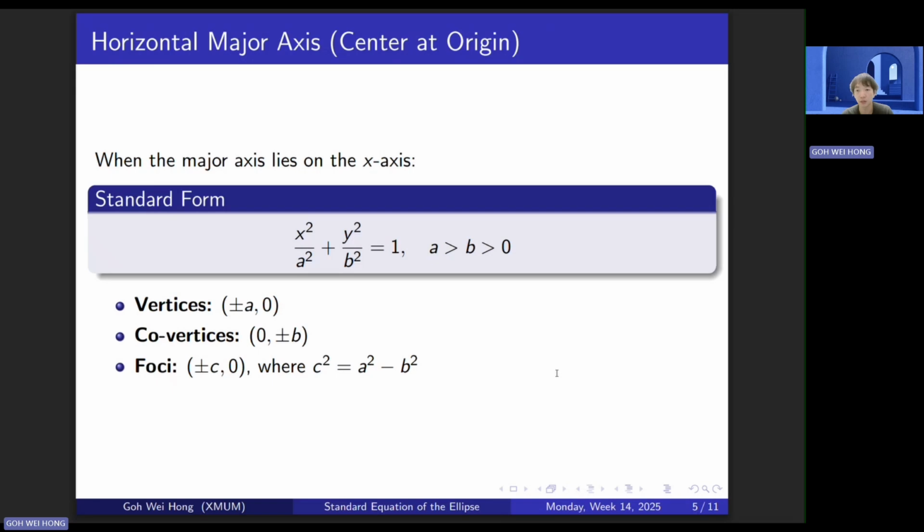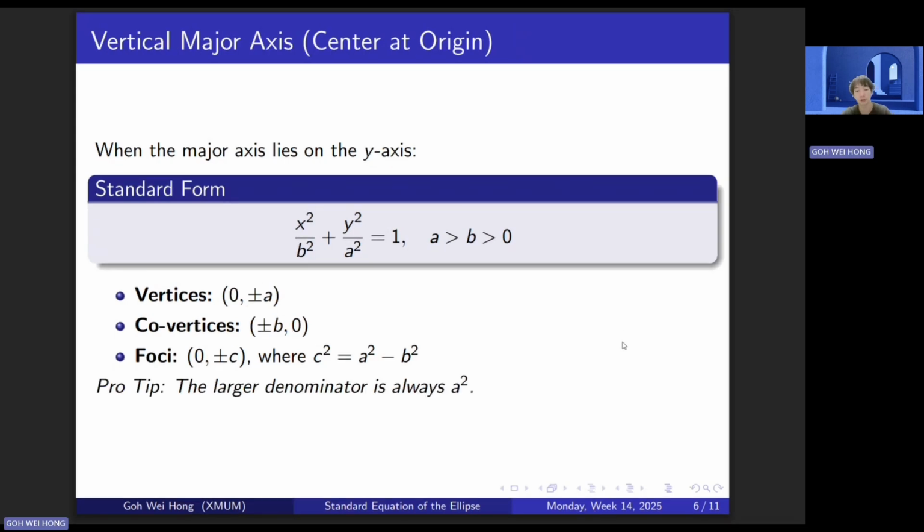For an ellipse, a is always bigger than b. Since it is wide, our vertices are at plus or minus a and 0, and our foci are at plus or minus c and 0. To find the value of c, we use this formula, c squared equals a squared minus b squared.